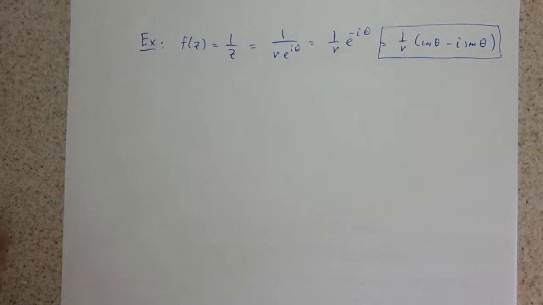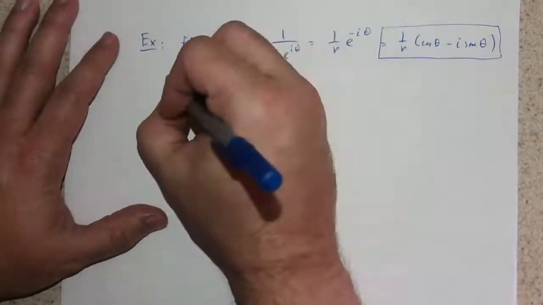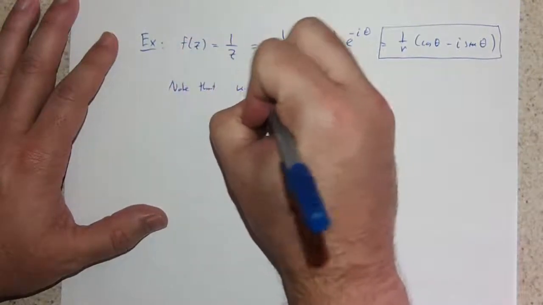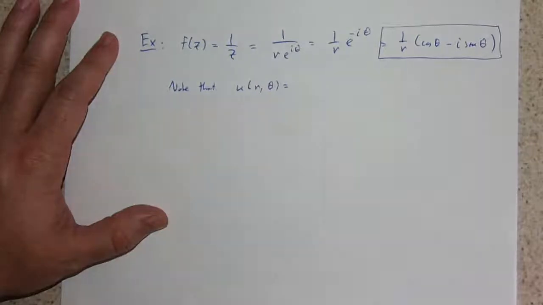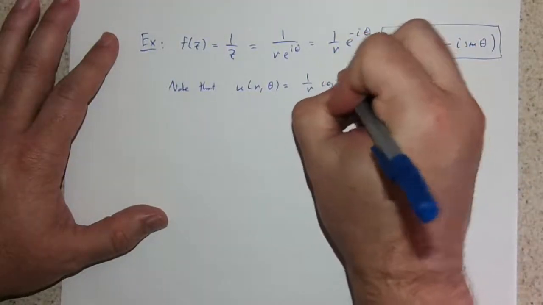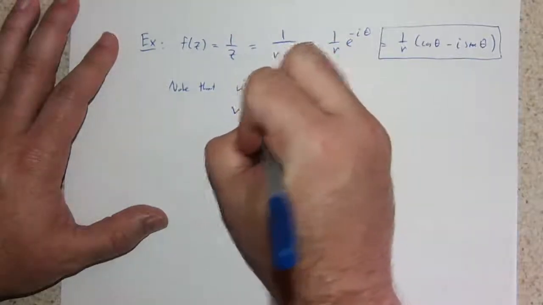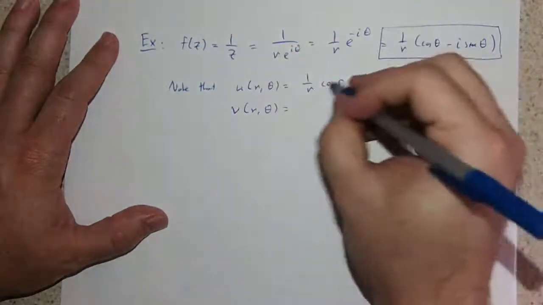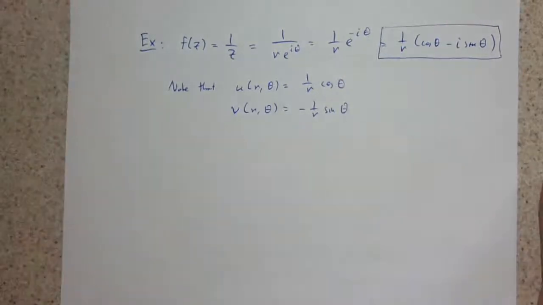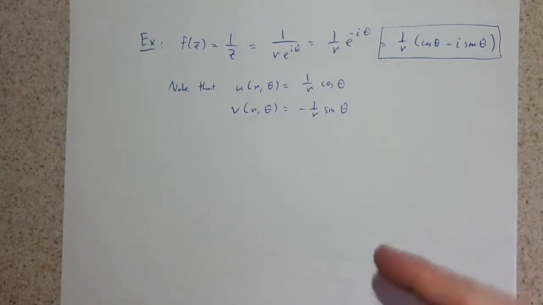Okay, now what do I do here? Well, I note that u of r theta is equal to 1 over r cosine theta, and v of r theta is equal to minus 1 over r sine theta. Okay. So then let's actually check some things.